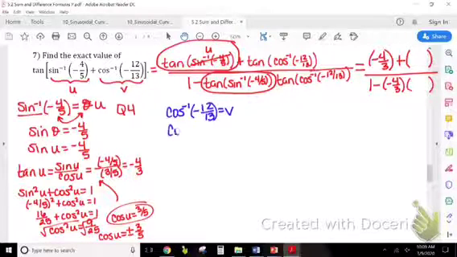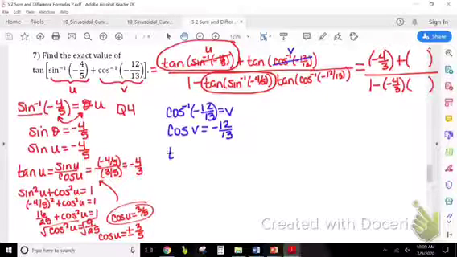And so that means that cosine of V is equal to negative 12 over 13. And so this here's a V, so really we're looking for tangent of V, aren't we? So we're going to do the same thing, but with these numbers, and find what our tangent is.